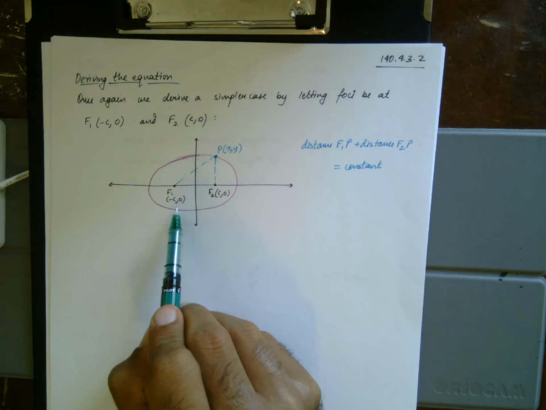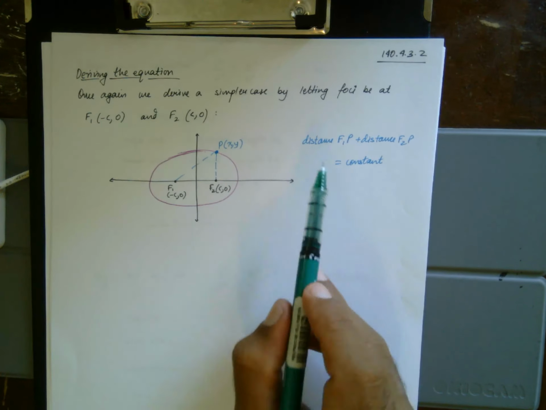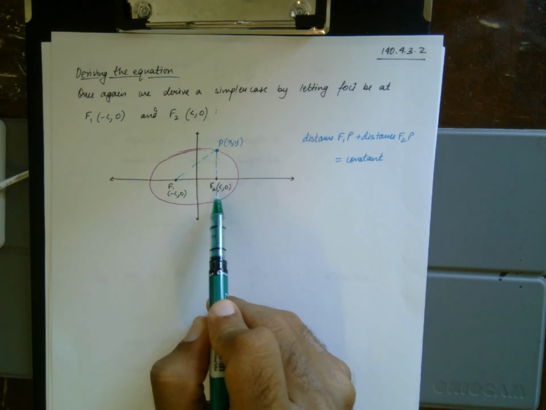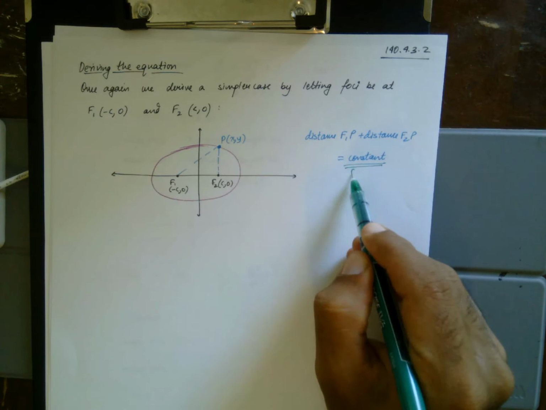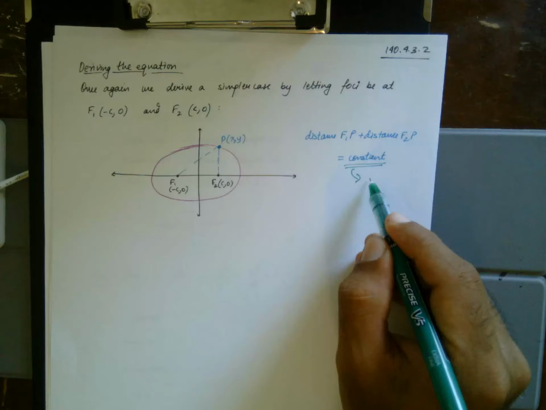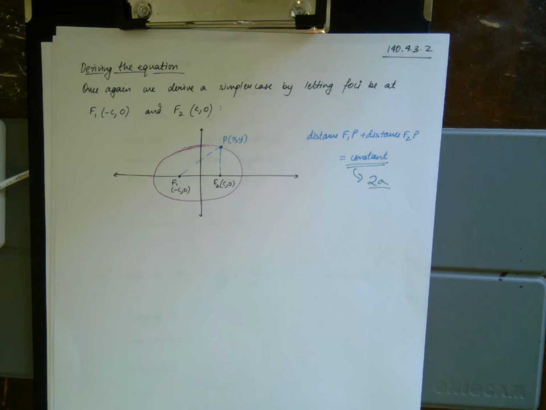And we call these negative c, 0 and c, 0. And the distance of any point P from F1 plus the distance from F2 is a constant. This constant, we're just going to call 2a. That's because if you take the constant to be like a k or something, you get a bunch of fractions, and it turns out using 2a makes things easier.